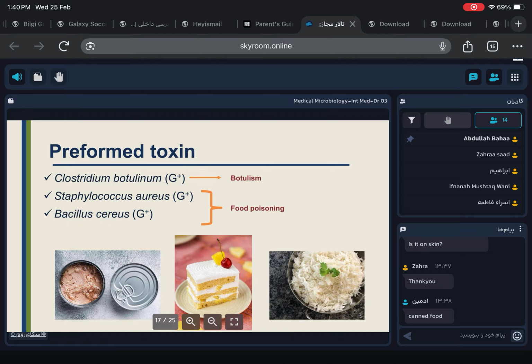The acidity has nothing to do with the preformed toxin in the food. So the toxin inside the body causes food poisoning.